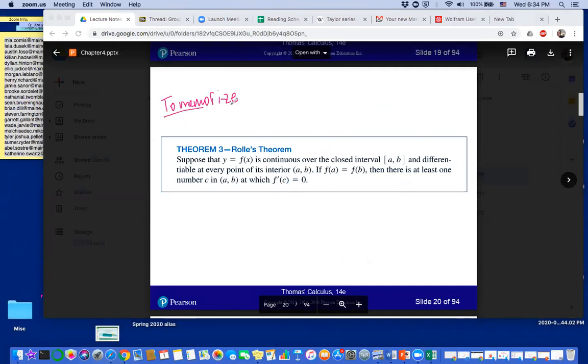Now, in the next slides, I'm going to give you an example that is almost like the F and G that we worked with before, but it's actually a little bit different.